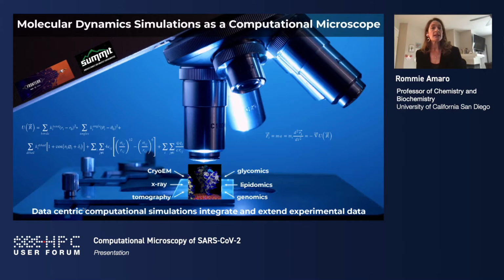And so I'm really excited to tell you about how we use these data-centric simulation methods in order to pull together a whole bunch of different experimental data taken in different groups for SARS-CoV-2, and then extend our knowledge on what we know about the system.